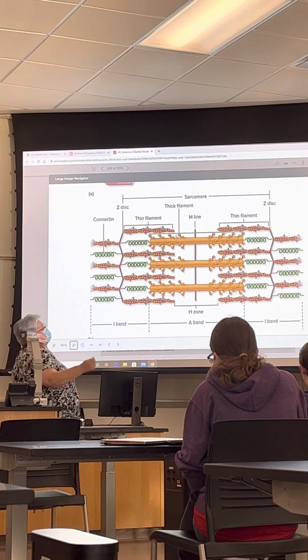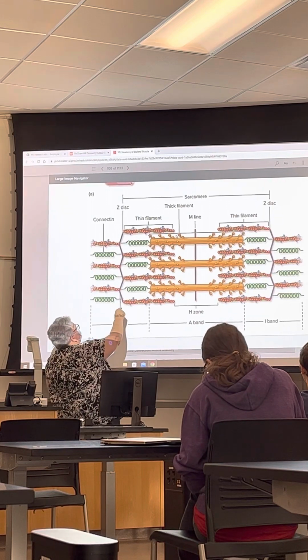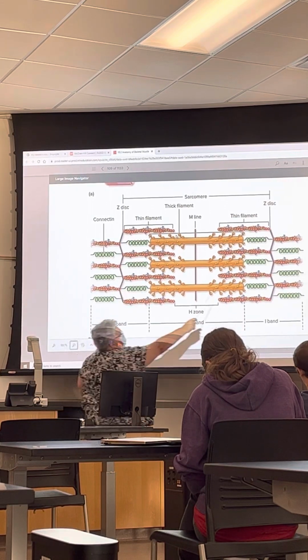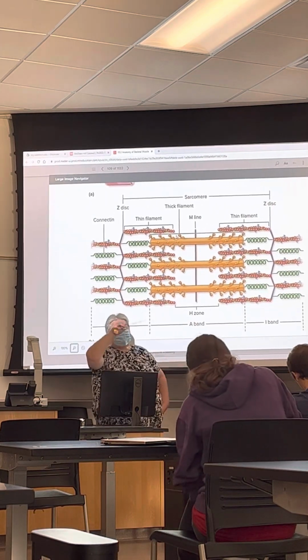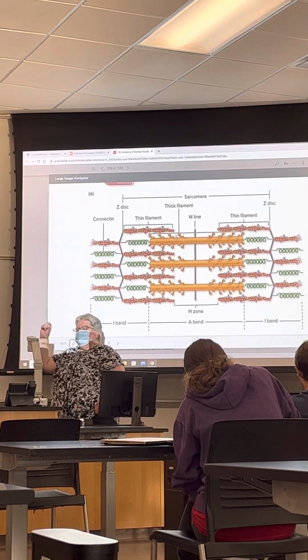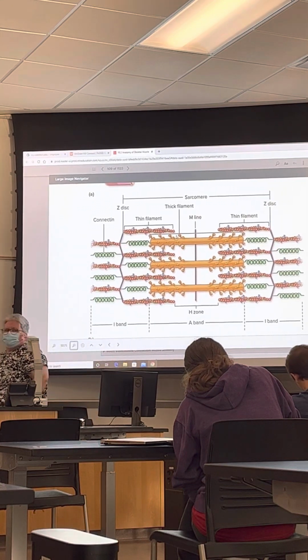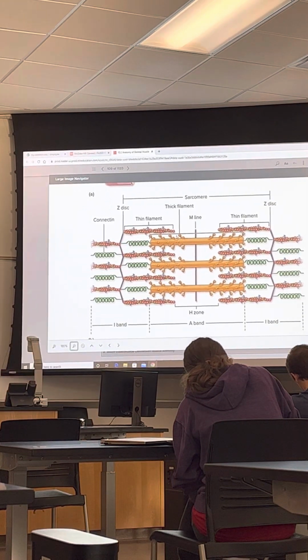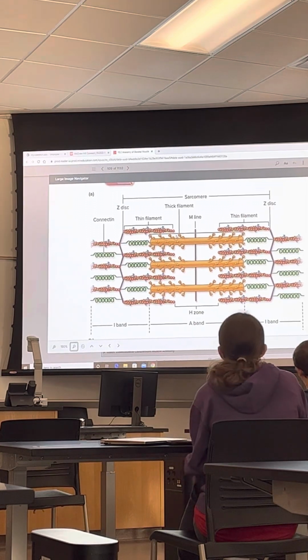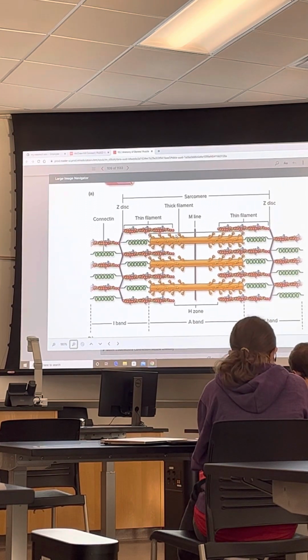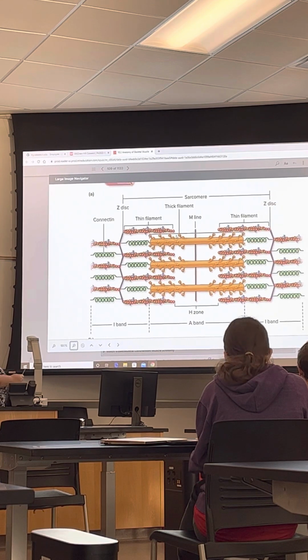Okay? So a sarcomere is from one Z disc to the next Z disc. Okay? So you see that zigzag protein, that is the Z disc. Okay? So the Z disc is the zigzag, and that is going to define what a sarcomere is. Okay?